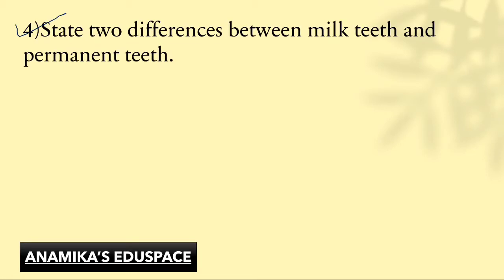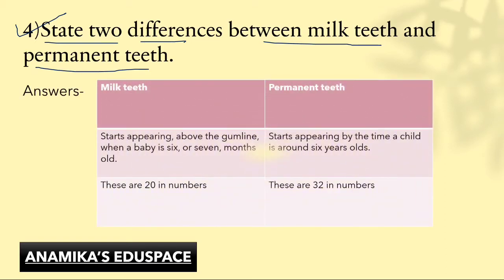Question number 4. State two differences between milk teeth and permanent teeth. Answer. So we'll make a table like this and we will write down milk teeth. Milk teeth start appearing above the gum line, that is the pink colored part of the jaw.